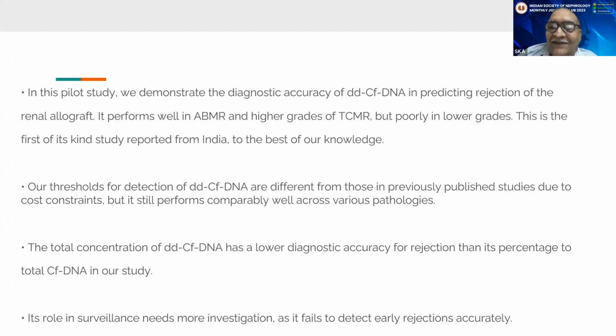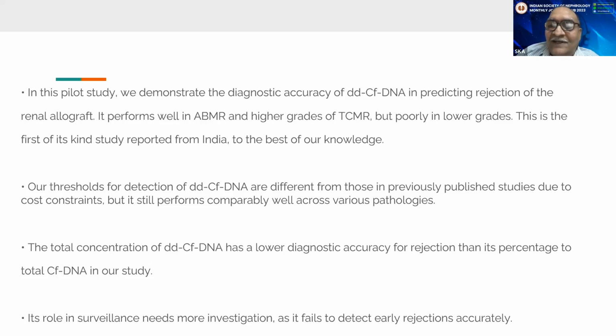But we haven't reached the stage where clinical decisions at the bedside for the treatment of the patient are based on the biomarker. It has remained a research tool for understanding the pathogenesis. But from the patient perspective, the biopsy is still the gold standard.